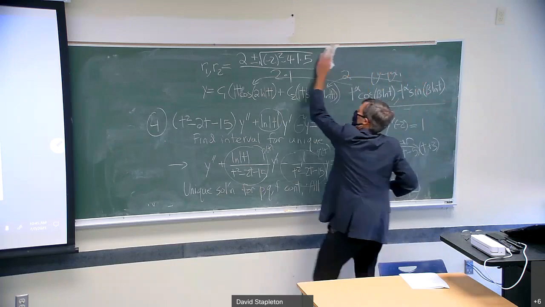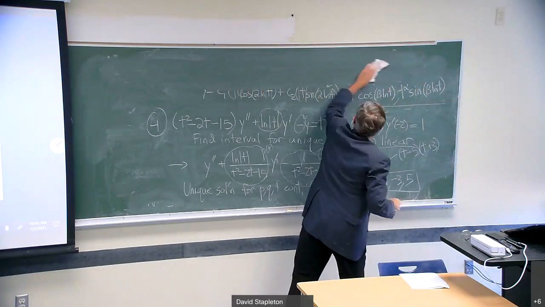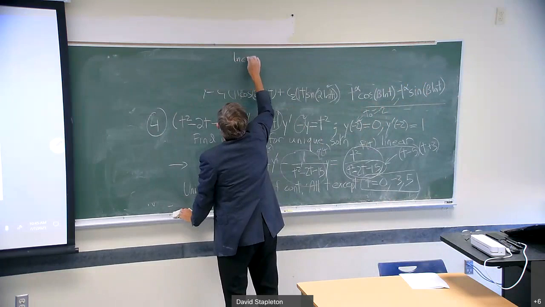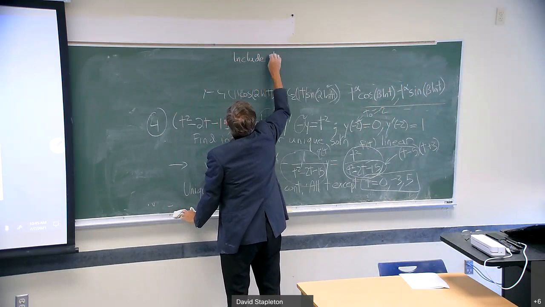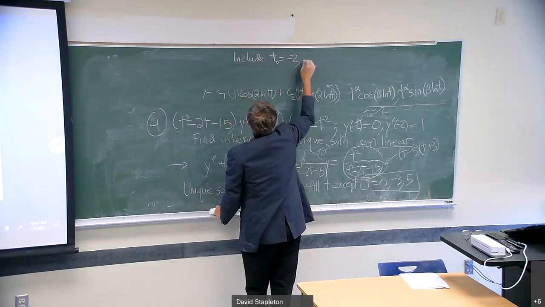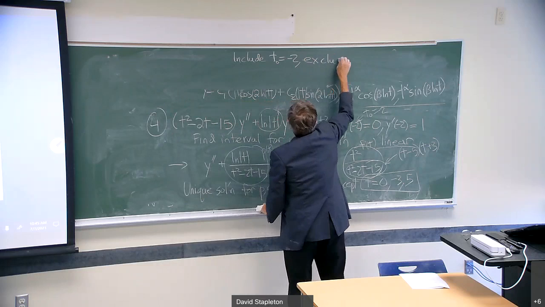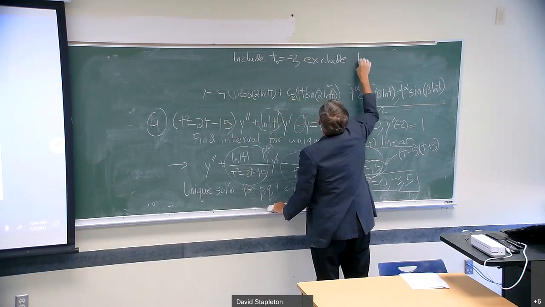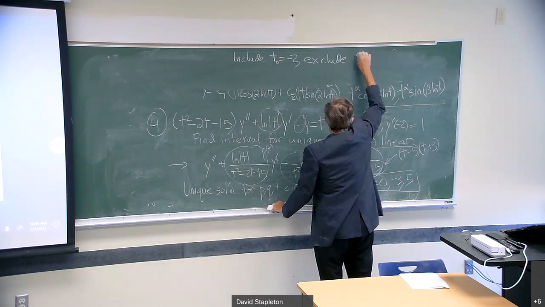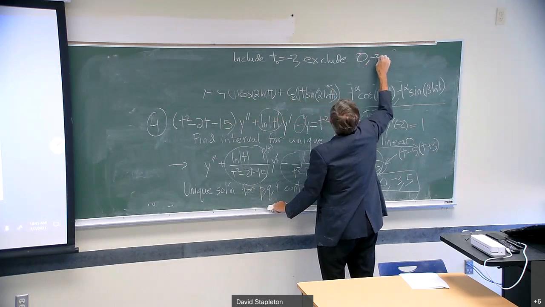So the trick here is to include the initial point and exclude the points where those are not continuous: 0, minus 3, and 5.